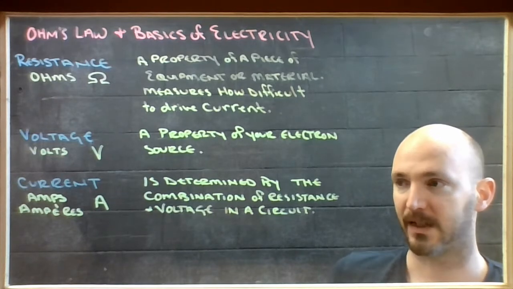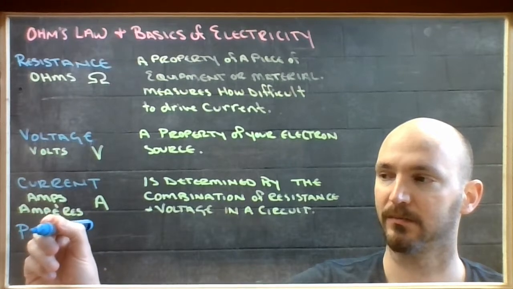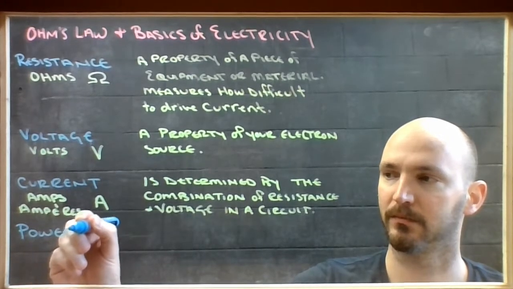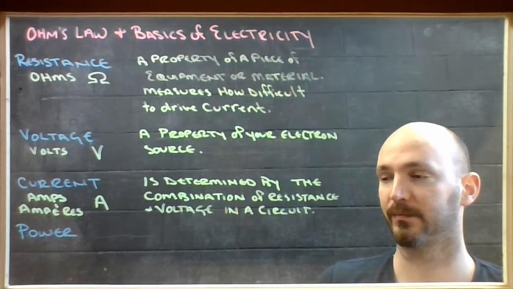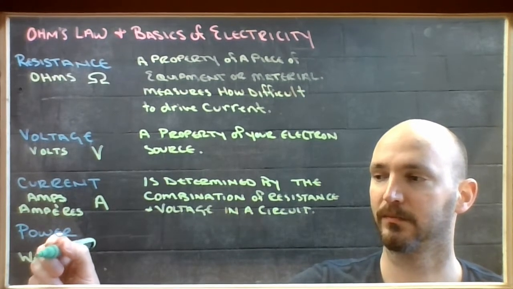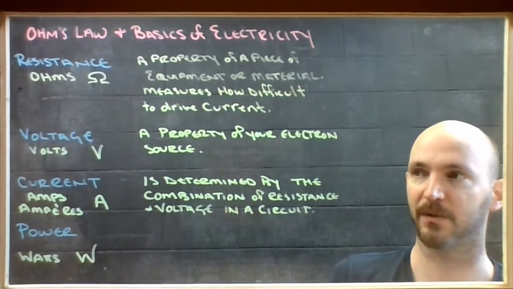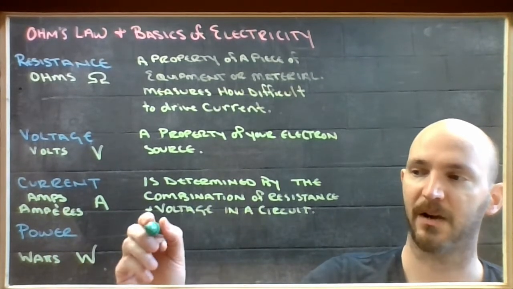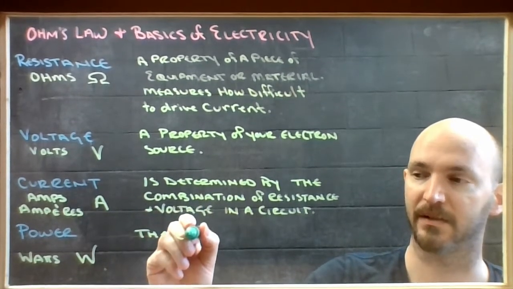So the last one then is power, which we've dealt with before. And power is measured in watts. Which is represented by a big W as its unit. And power is the amount of energy transferred per second.